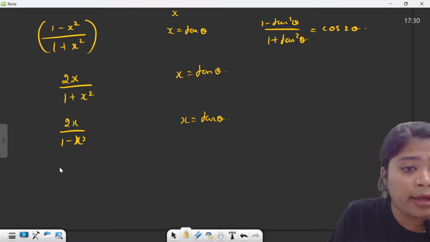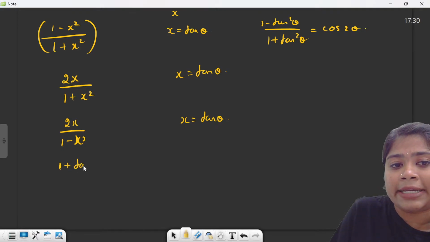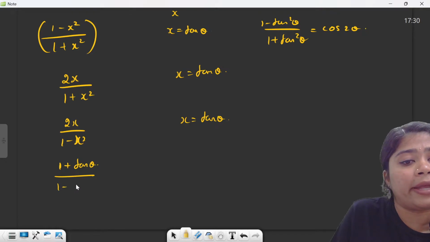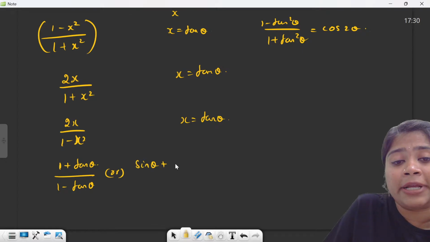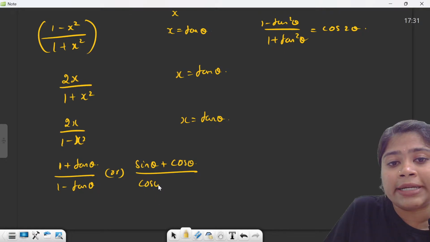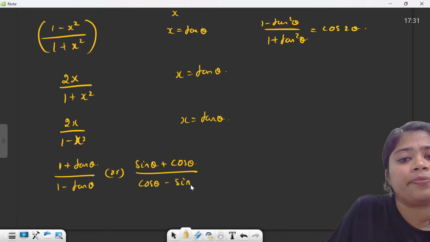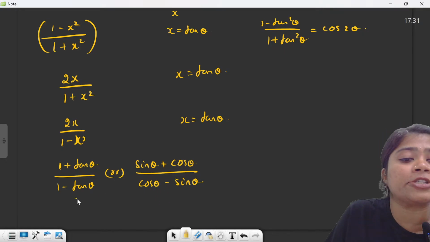Whenever I have 1 plus tan theta divided by 1 minus tan theta, or sin theta plus cos theta divided by cos theta minus sin theta, actually both the expressions are same.